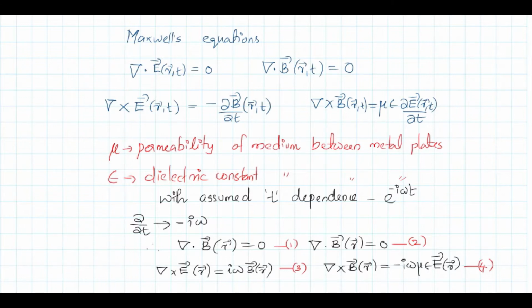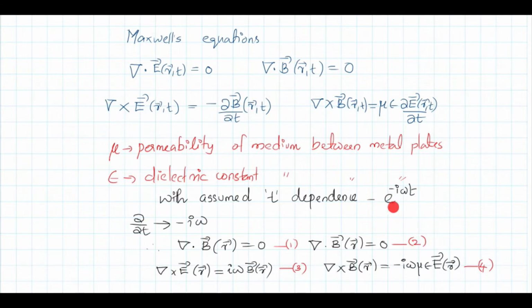Here, the electric field and magnetic field are functions of r and t. Okay, mu and epsilon, as I already mentioned, are the permeability and dielectric constant of the medium. Now we assume a sinusoidal time dependence of the form e raised to minus i omega t.